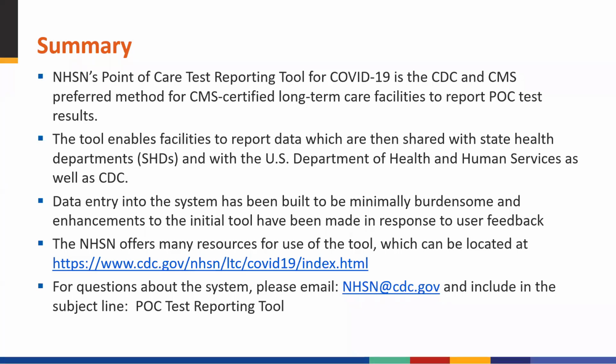It has been developed to be minimally burdensome, and enhancements to the tool have been made in response to user feedback. And we do have a lot of resources available for use of the tool, and they can be located on the link that's available here.